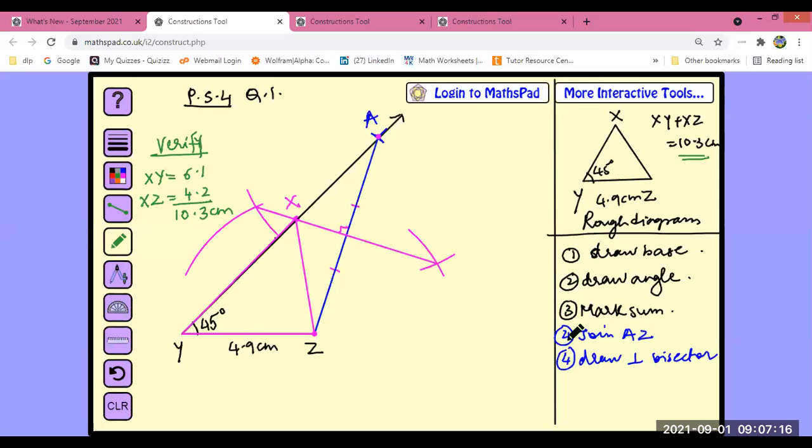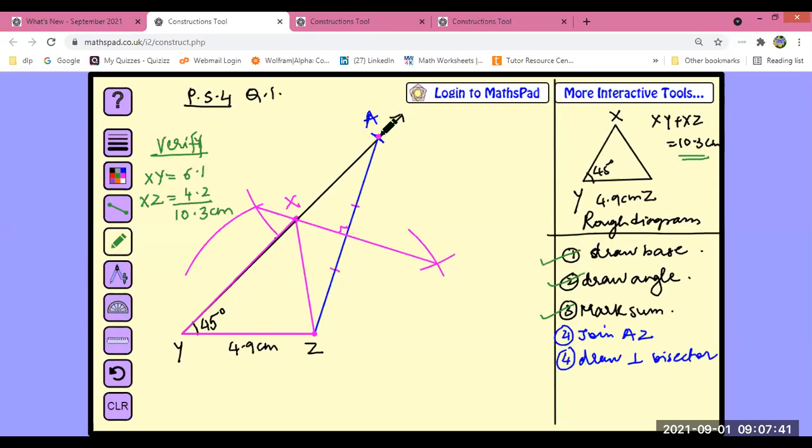Okay, I'll quickly repeat the steps. First, we draw the base, which is YZ in this case. Then draw the angle, that is 45 degrees. You need to mark the sum. If you're not able to measure it up on the ruler, then you can straight away, with the help of a ruler, mark a point on this line AY.